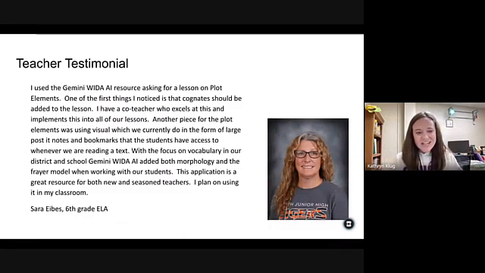So our 6th grade ELA teacher said she used the gem for resources on plot elements. The first thing she noticed is that it conjugates should be added to the lesson. She has a co-teacher who excels at this and implements into our daily lesson. I'll let you read the rest of this, but the outcome of that conversation was really fun because she said, when I asked Gemini to put these 2 documents together to kind of help with my lesson planning, it basically told me everything that my co-teacher would have already planned for.